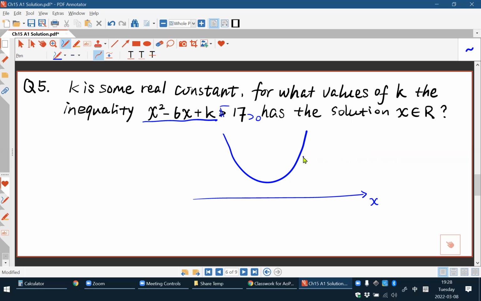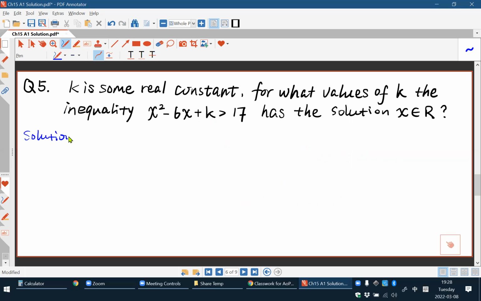Okay, so let's have a look at how we can achieve this. First of all, we need to transform this inequality to the general form, right? We can move everything to the left or right. Suppose we move everything to the left, then asterisk is equivalent to x squared minus 6x plus k minus 17 greater than 0, right?